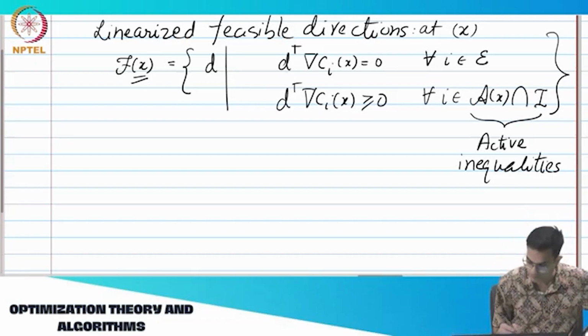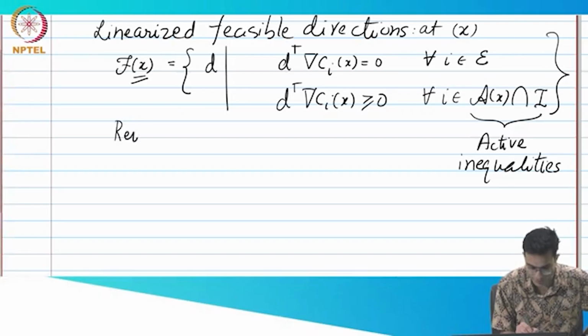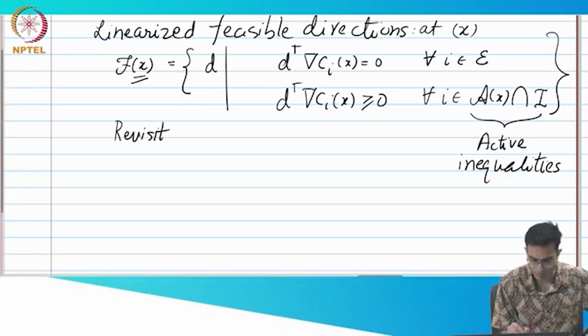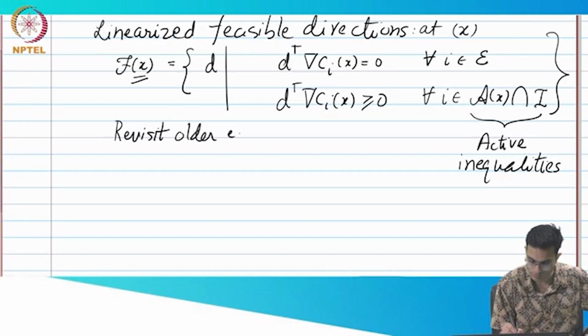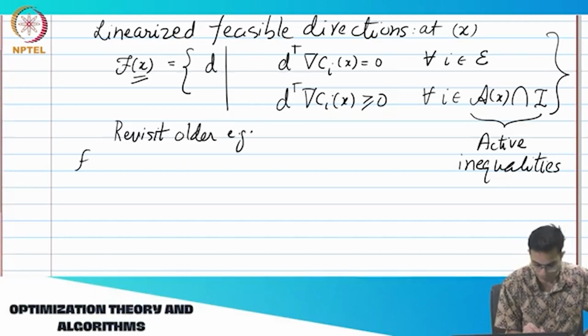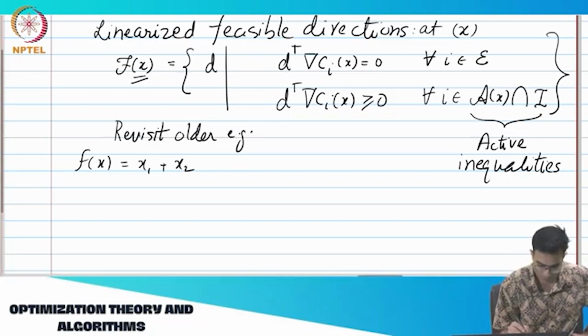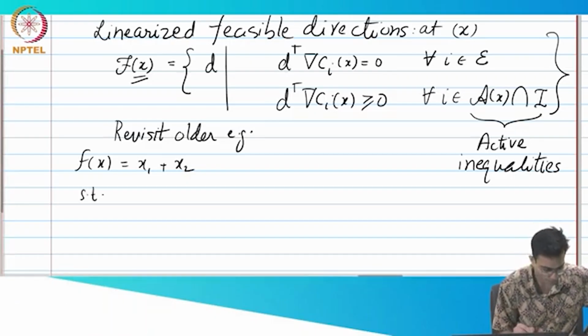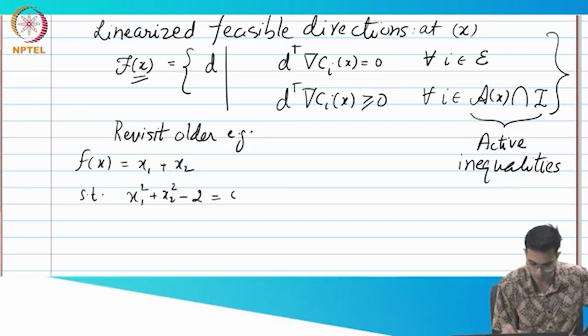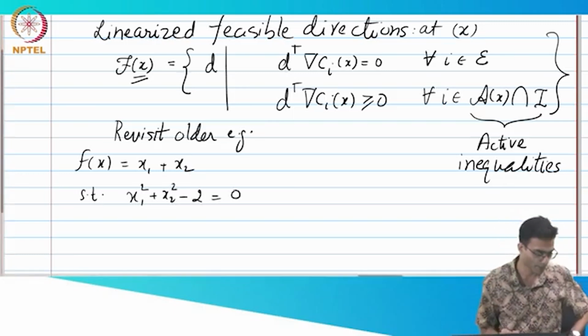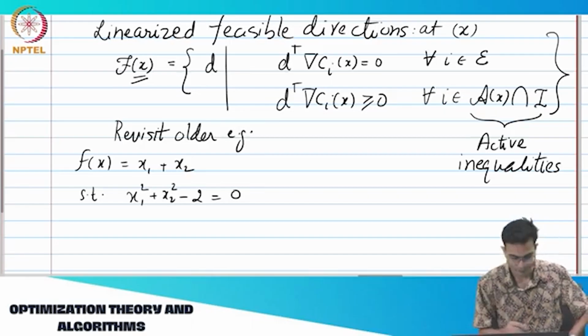Okay, so now let's revisit an older example, which was simply x1 plus x2 as my objective, and the simplest case, x1 squared plus x2 squared minus 2 equal to 0. This was our equality constraint, right?